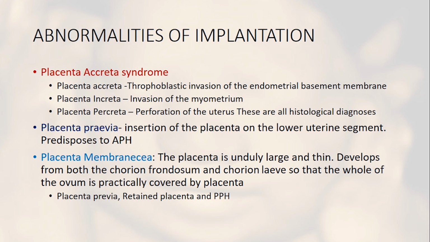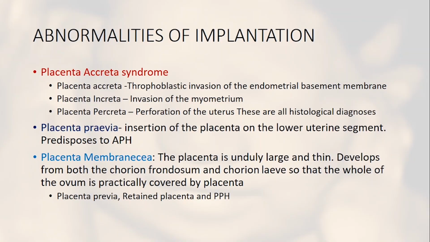Then we could also have placenta previa, which is where the placenta is located in the lower uterine segment. Remember, I said that in more than 90% of cases, the placenta is located in the upper uterine segment. Then occasionally we have placenta membranacea.